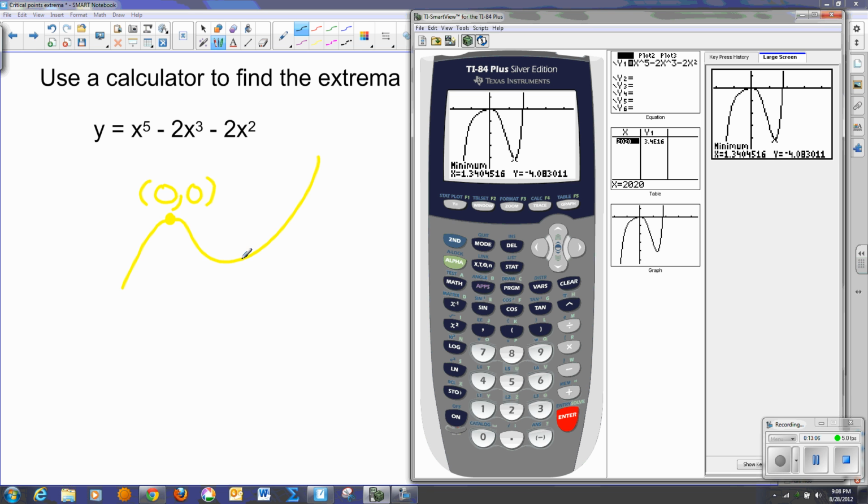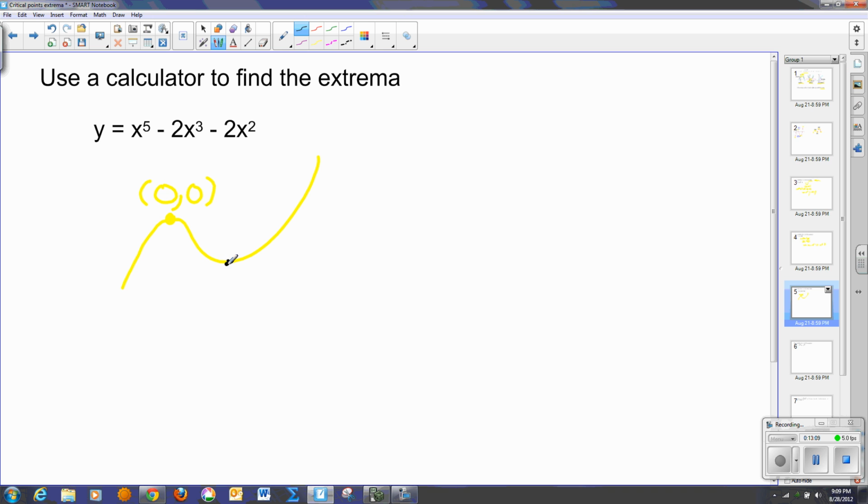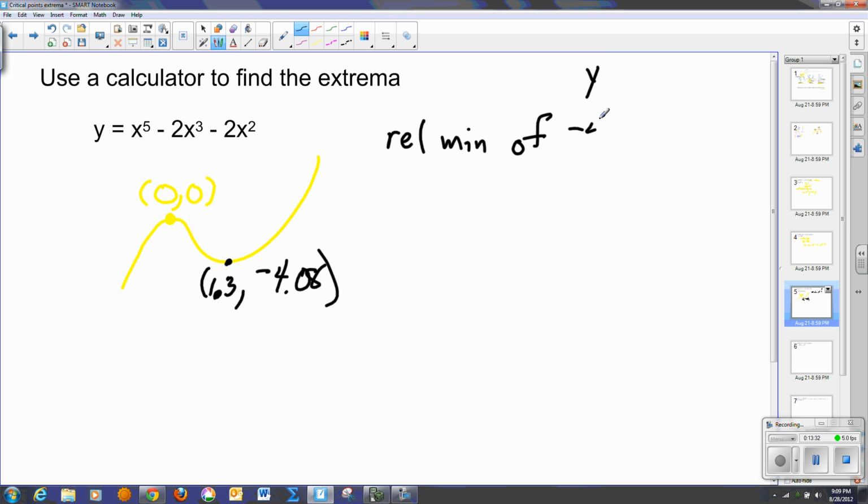So this is roughly 1.3 and negative 4.08. So here's what we say. We say we have a relative min of, and I need the y value once again, negative 4.08 at, and I want the x value here, 1.3.